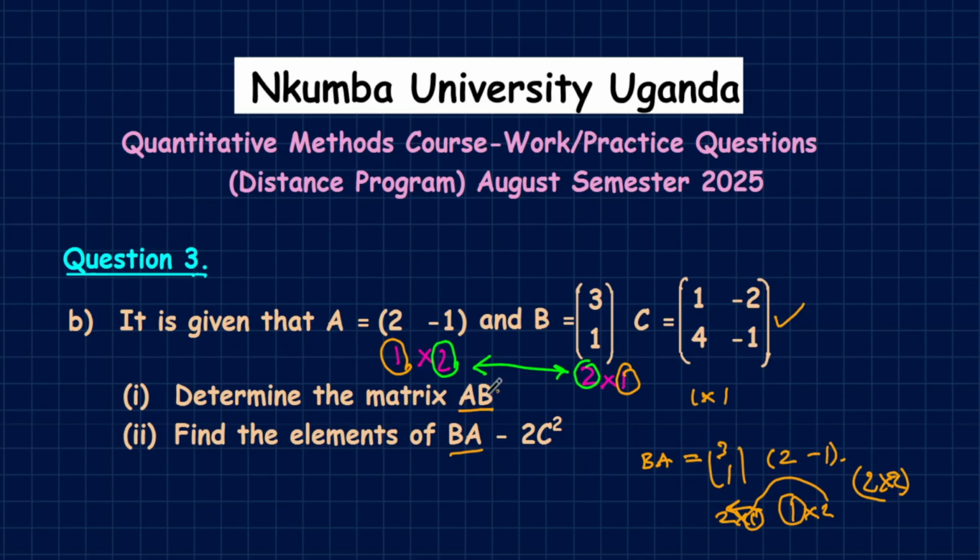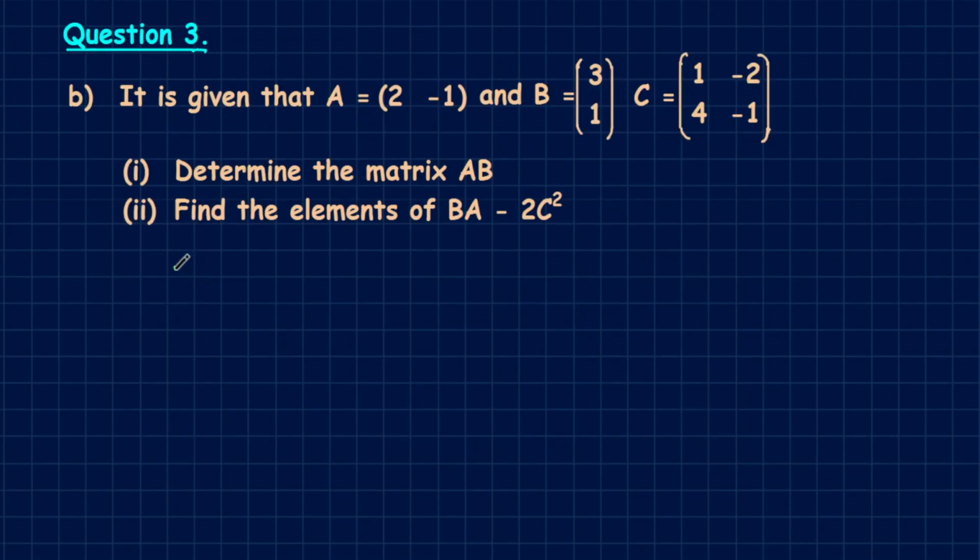So let me erase what I've just given here before we look at problem number 1 of our question B. Alright, let's have our solution here. Problem number 1 of part B should be AB, the equivalent of matrix A with elements 2 and negative 1 multiplied by the second matrix B with elements 3 and 1.